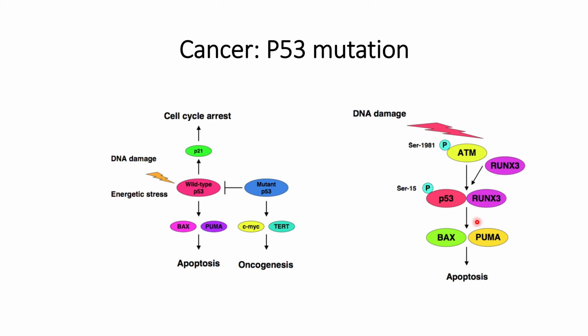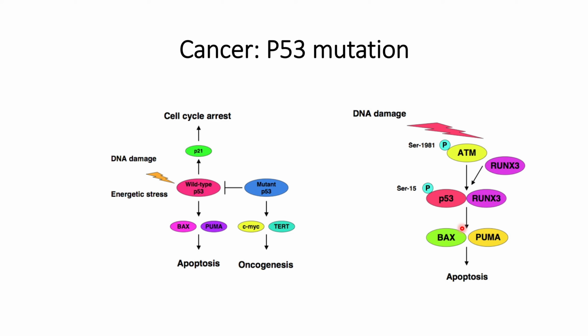and this has been confirmed by studying two different kinds of cells: P53 proficient cells and P53 deficient cells. In P53 deficient cells, the impact of RUNX3 is not much observed in case of DNA damage. However, in P53 proficient cells, the impact of RUNX3 is observed significantly.